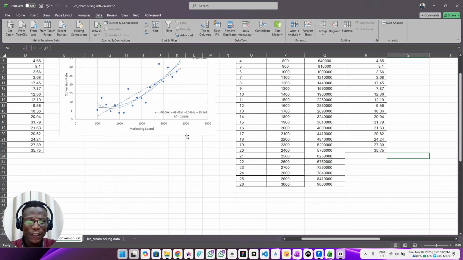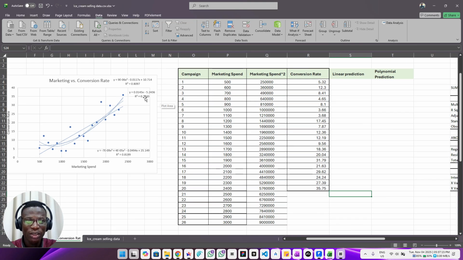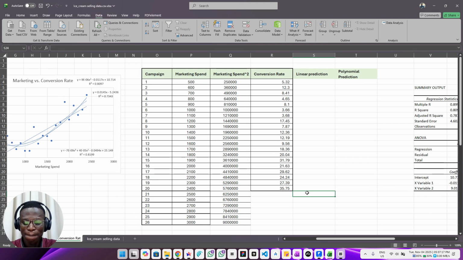With linear regression, this is the formula for finding the linear regression, which is equal to 0.0145 times x, which is this one, minus 5.2436.